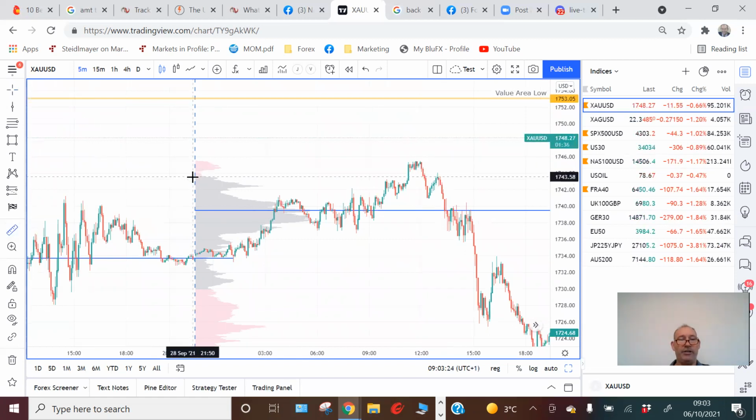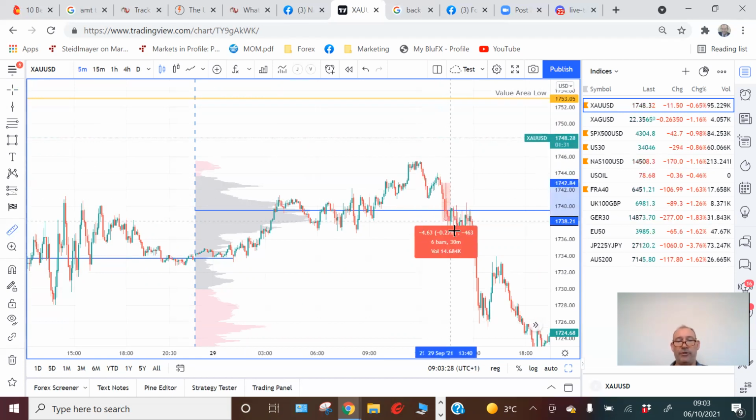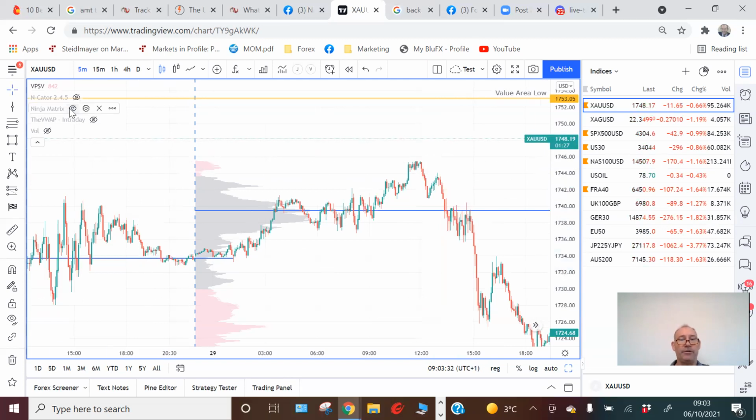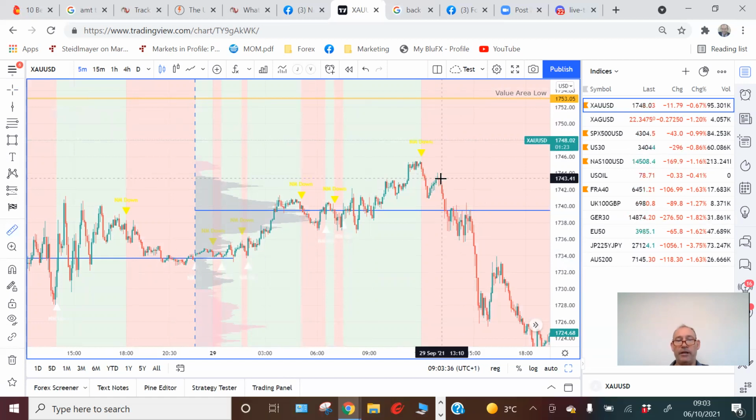Let me see the value area. It turns around. You get the next candle there. It kept going. Let me put the matrix on. If I get in there, that's not in the value area, although there's another version you can get in, but let's stay out of that just now.